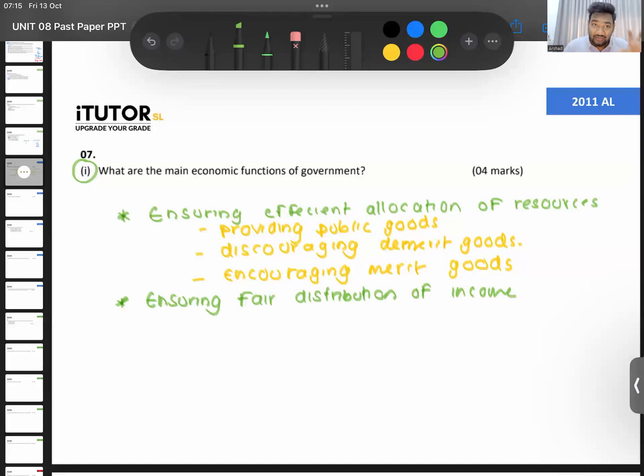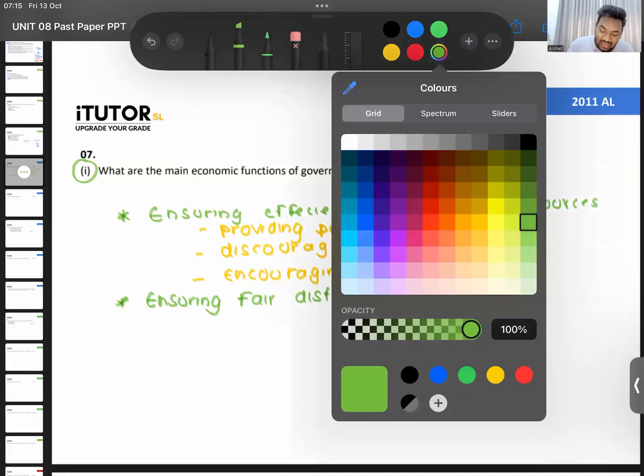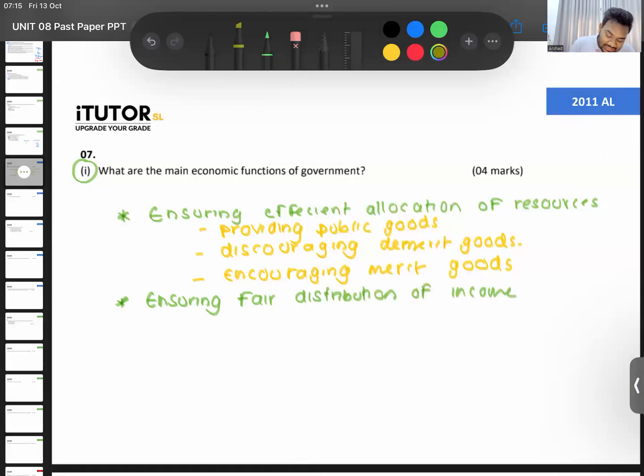To make sure there is fair distribution of income, what can the government do? Now for this only, they charge, let's say, progressive taxes. Then even the social security programs, like for example pensions, samurdhi benefits, all of that.